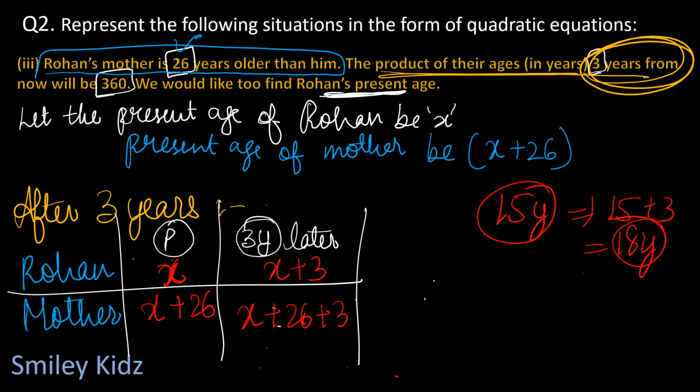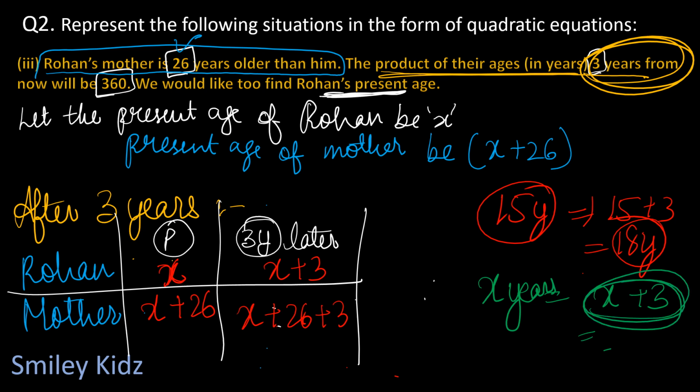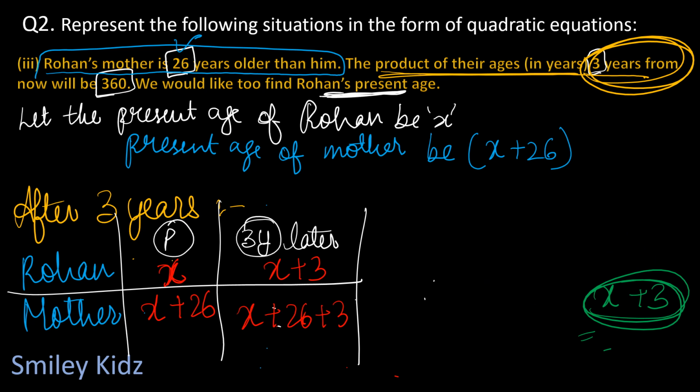Exactly in the same way, if your present age is x years, then 3 years later, your age will be x plus 3. Here we have applied the same concept in the place of Rohan and mother.